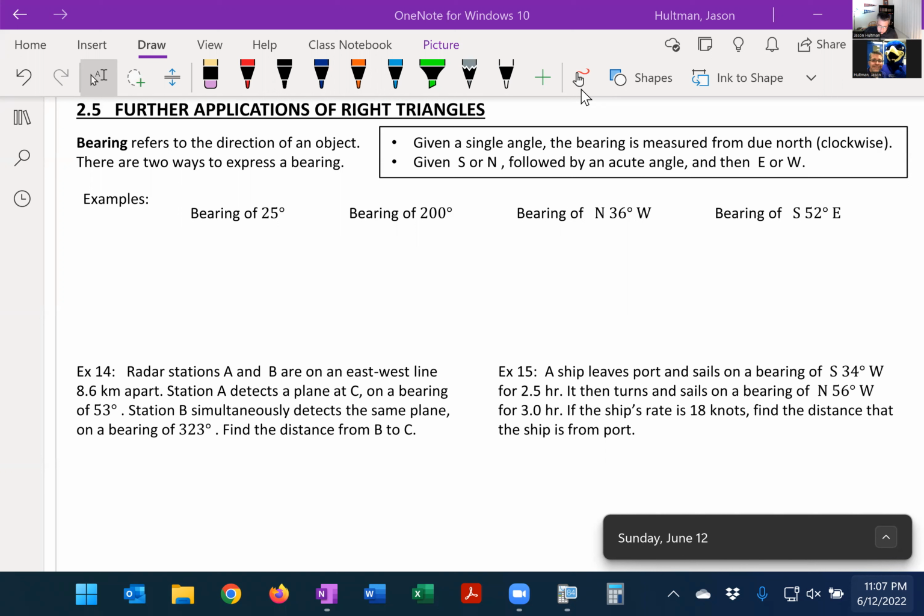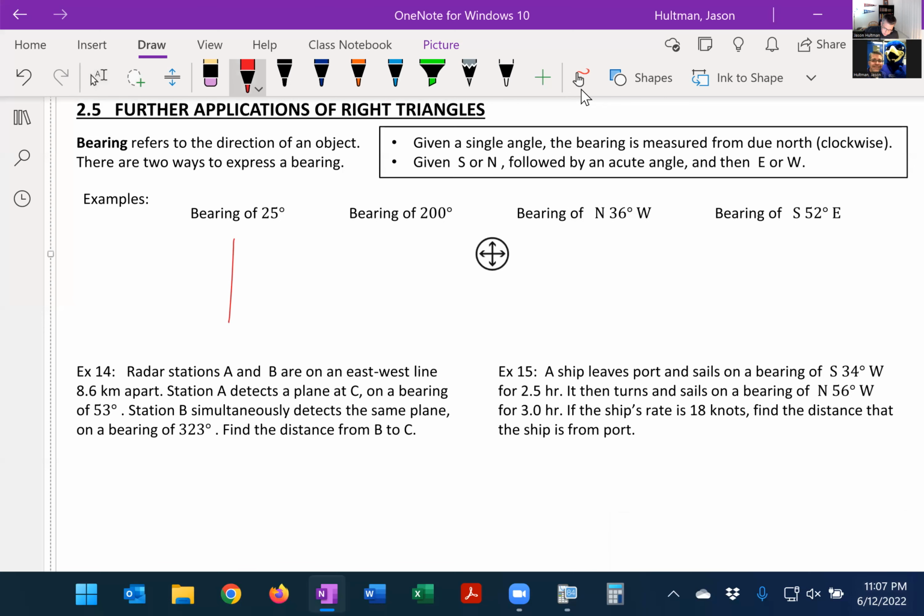Okay, so let's look at a bearing of 25 degrees. What does a bearing of 25 degrees look like? Well, if it doesn't tell us if it's north or south, we assume it to be north, and then we go clockwise. So it's a little different in that we start off north.